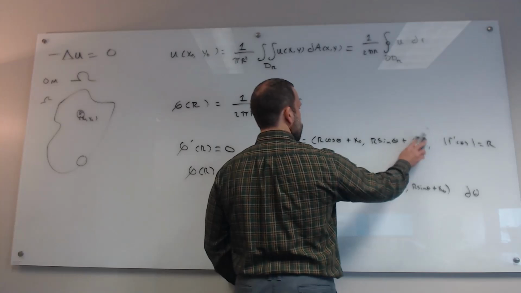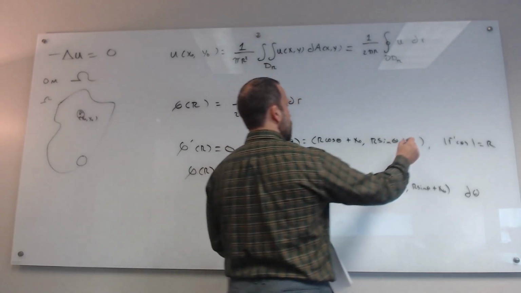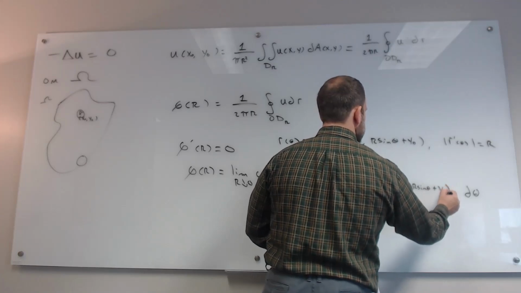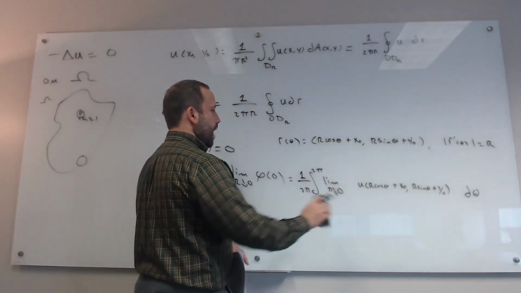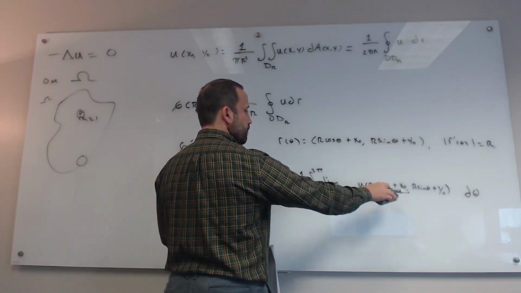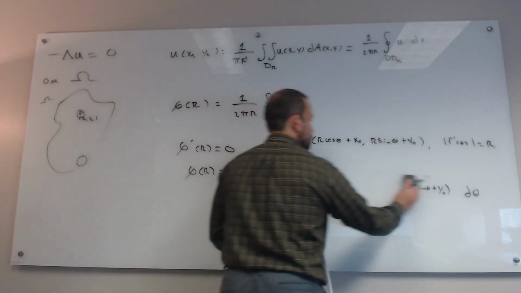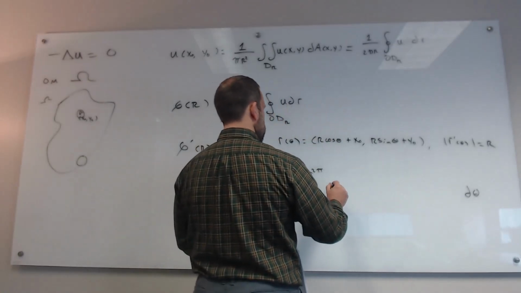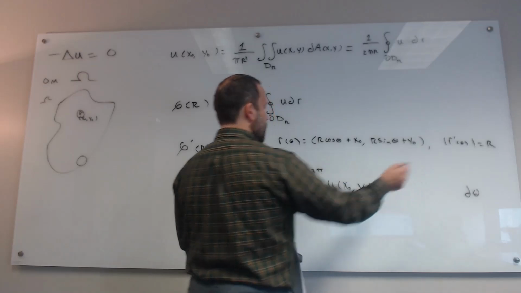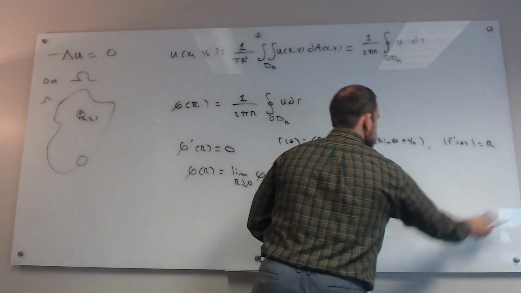Now I'm realizing there's a typo here. This should say y naught. And this should say y naught. Sorry about that. Okay, so now when I do the limit, it's just going to get u of x naught, y naught, d theta. I'm going to move this over here.